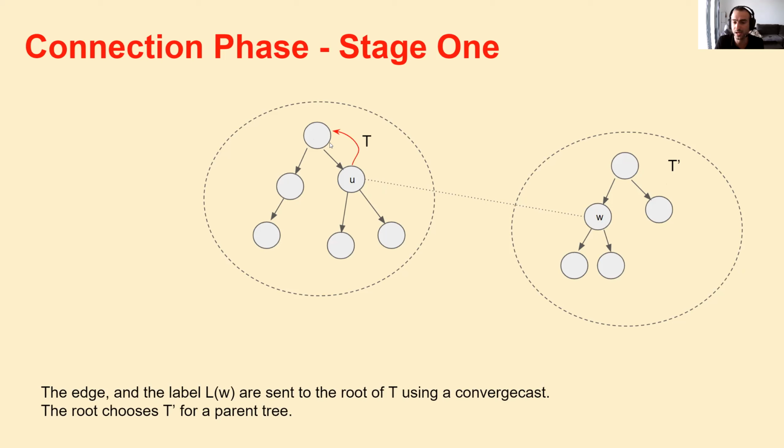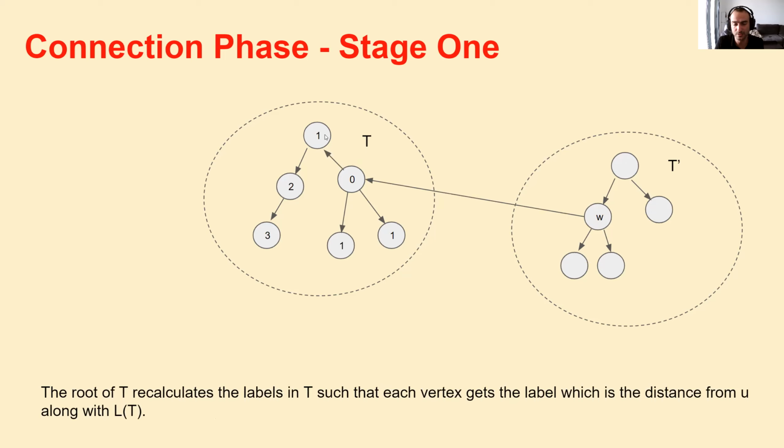The root can decide, all right, T is going to connect to T'. It found a neighboring DLT to connect to, and now it sends the information of a new labeling to the entirety of T by simply saying the distance of U from W is 0, actually 1, but we can subtract 1, it doesn't really matter.